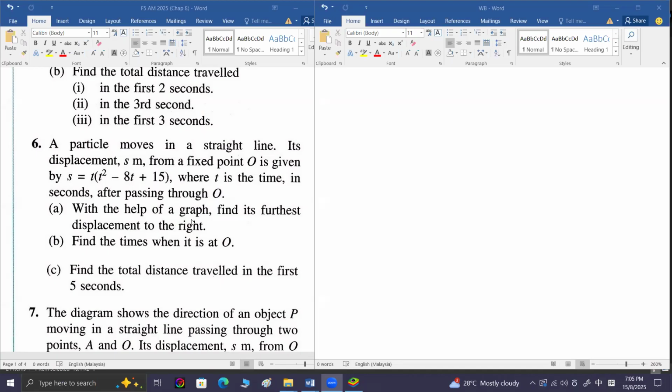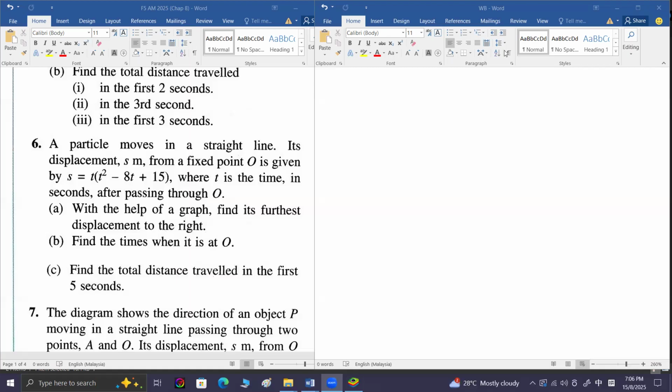With the help of a graph, find its furthest displacement to the right. You can use the number line or graph, yeah? The question asks you with the help of the graph, so you can sketch the graph like just now to see until where the furthest one is, okay?